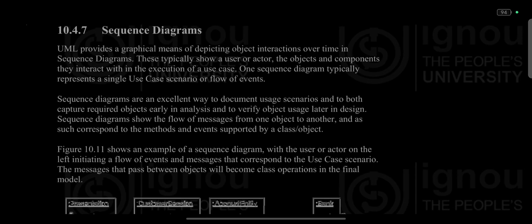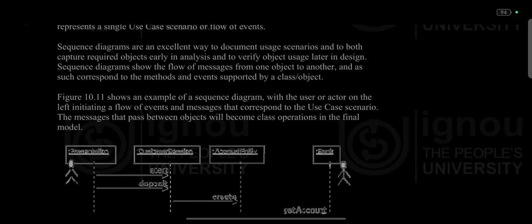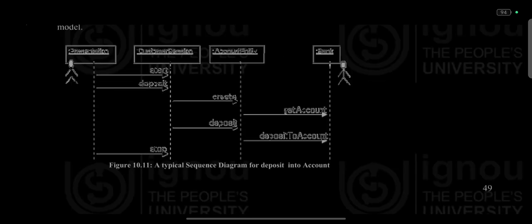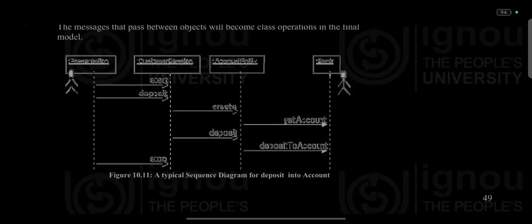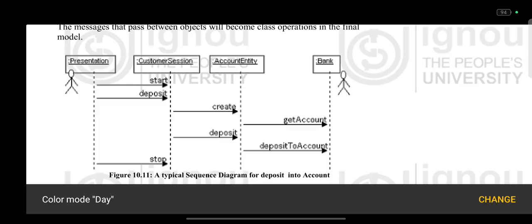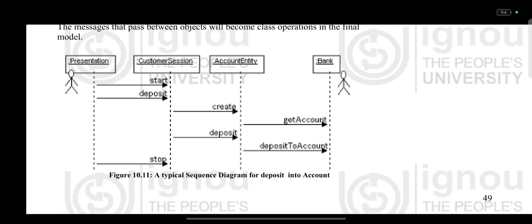The messages that pass between objects will become class operations in the final model. So here we can see a typical sequence diagram for deposit into account. So here we can see the diagram, it's now clear a bit.